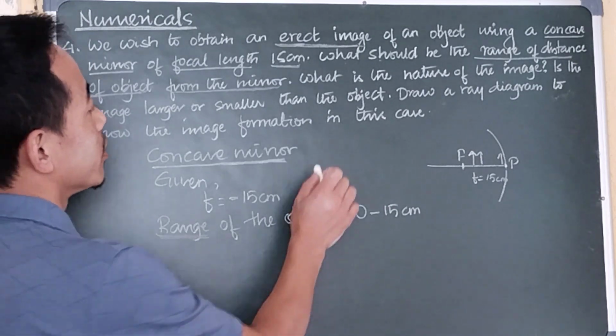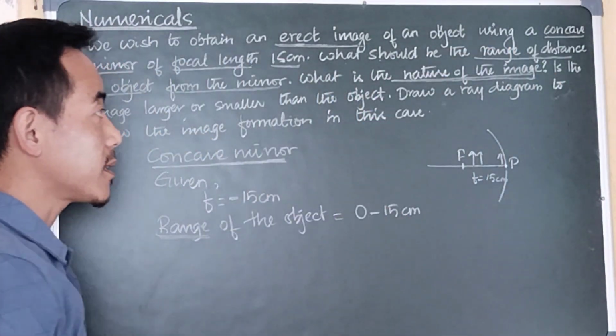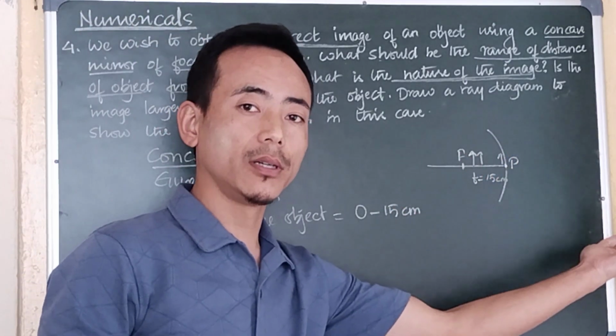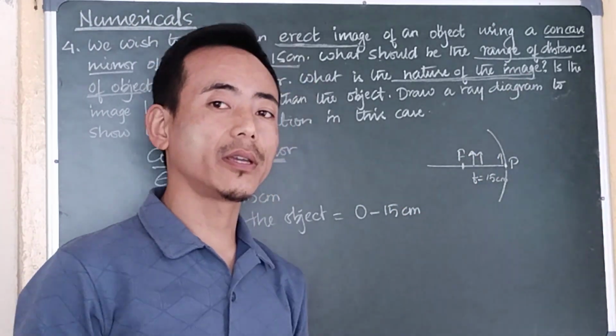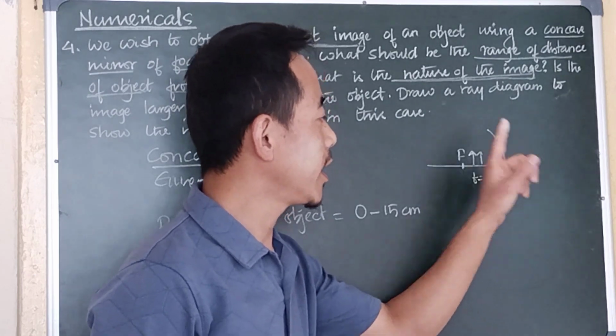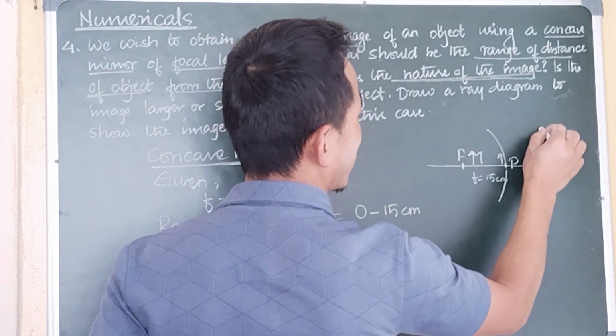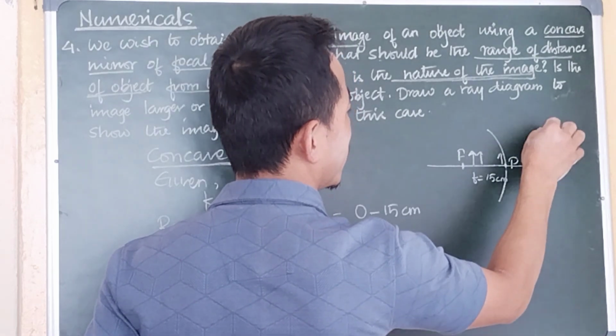Now the second question is, what is the nature of the image? As the image is formed behind the mirror, I have discussed everything in that video, so you can go and check that video. If the image is formed behind the mirror in this case, then the image formed will be enlarged or magnified, and it will be virtual and erect.